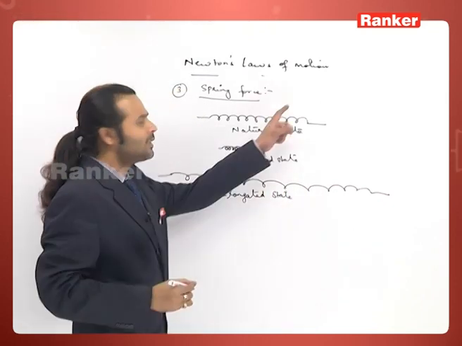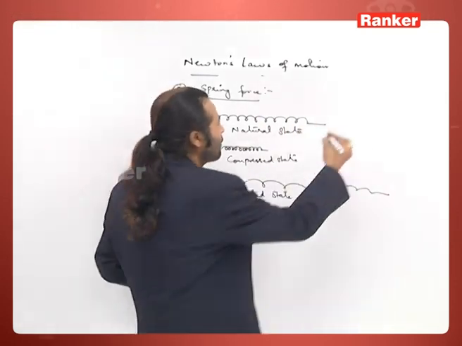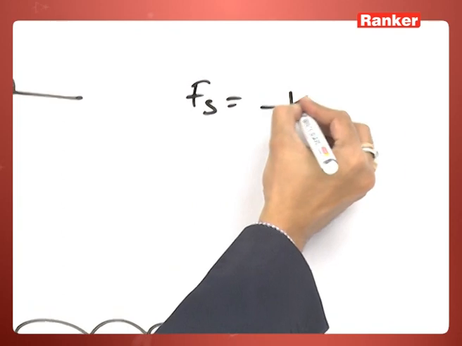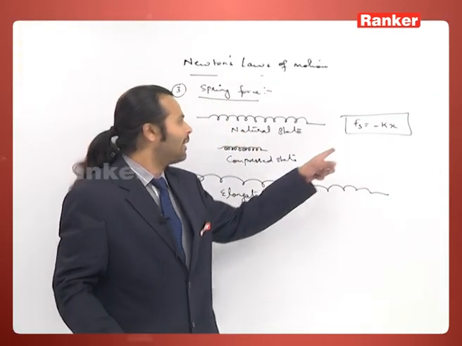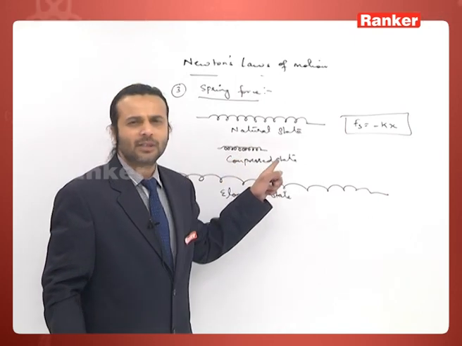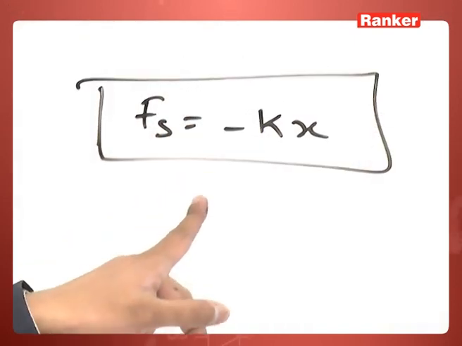So in all these three cases, Fs equals minus k into x is to be applied, provided the displacement of this spring is very, very small.